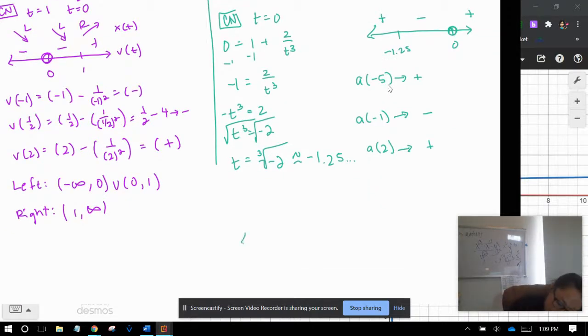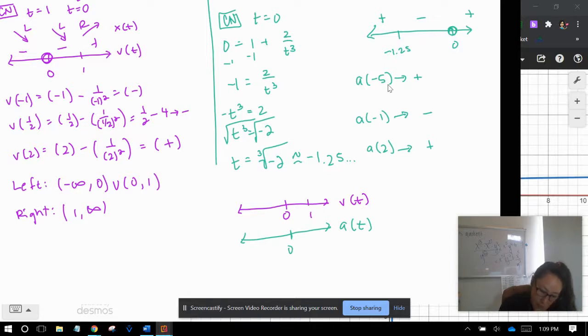So I have a of t. I'm going to put my v of t on top, just so we're matched up. And I have critical numbers for both at 0, and then a critical number at 1 for v of t, and a critical number of negative 1.26 for a of t.